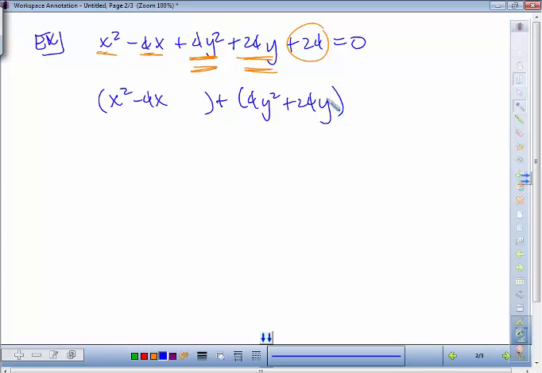And this one I'm going to work with a little bit more before I continue completing the square. So right now our other side is a negative. So hopefully that'll become a positive. Otherwise this thing might not make sense.